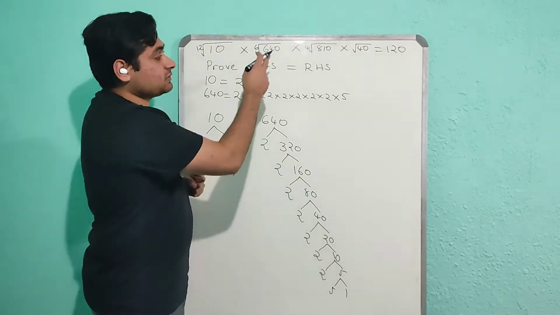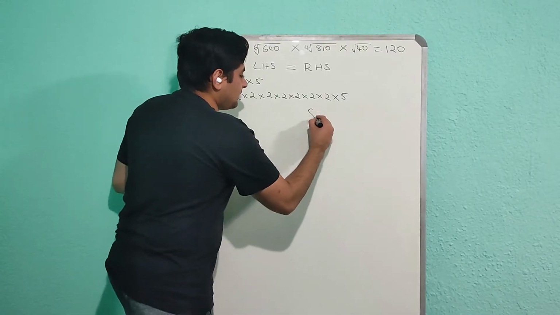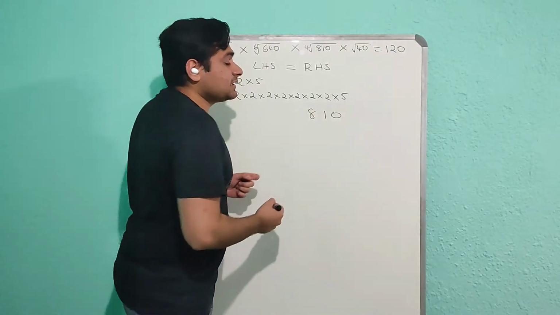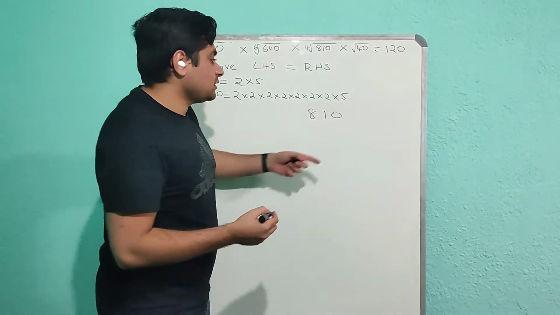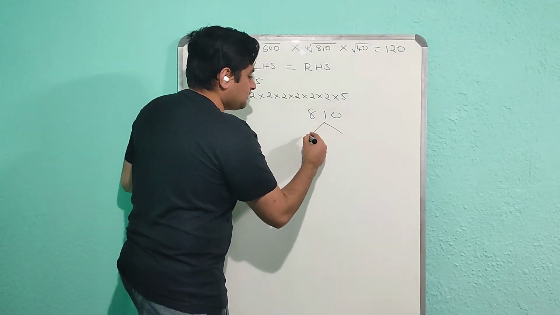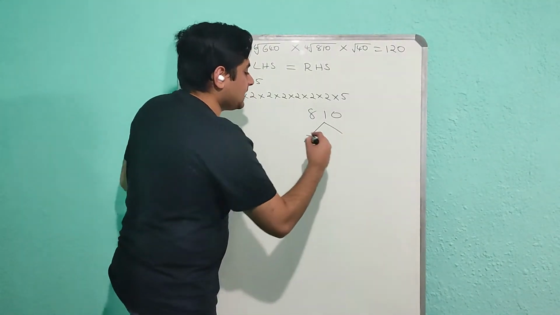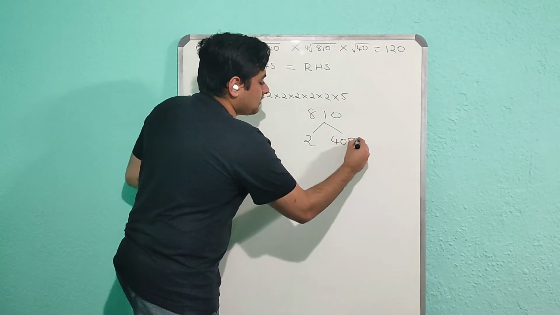Let's look for the prime factors of 810. 810 is an even number, so it's divisible by 2. If we divide 810 by 2, we get 405.